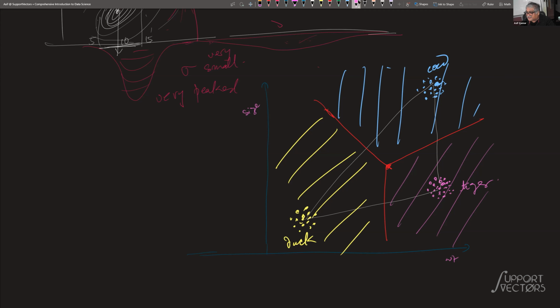You do realize that this generalizes very well to three classes, naturally, isn't it? In one single stroke, in one learning of the classifier, the gradient descent process, you will be able to learn the red decision boundary and partition the feature space into three regions: one for cow, one for duck, one for tiger.